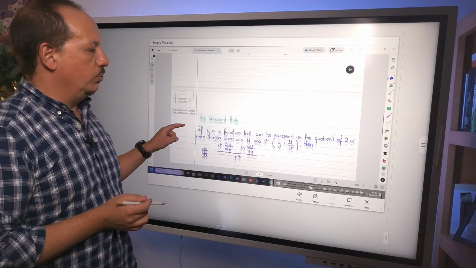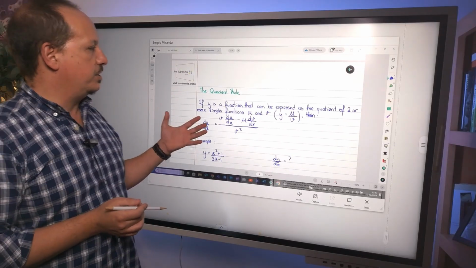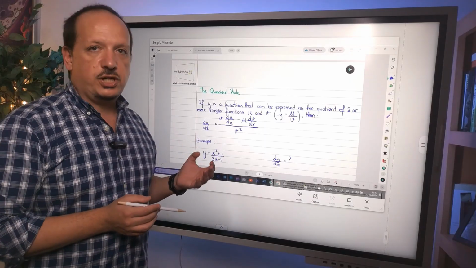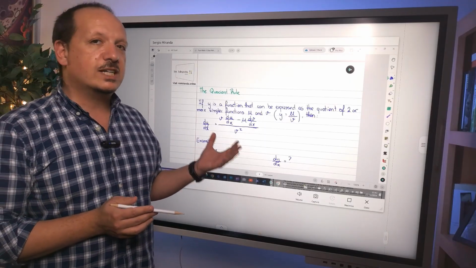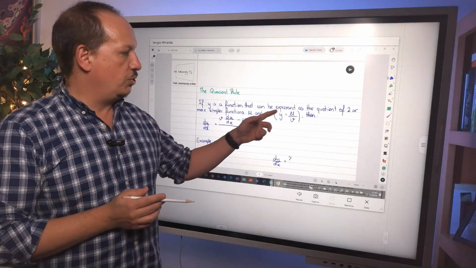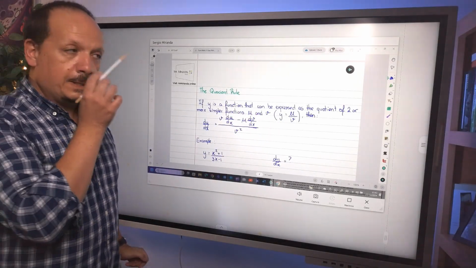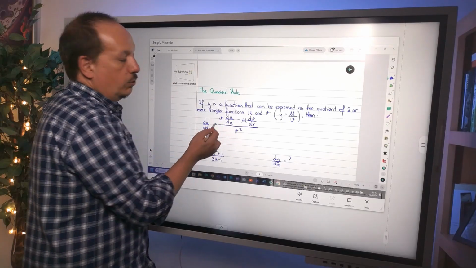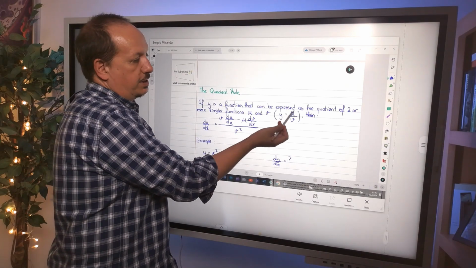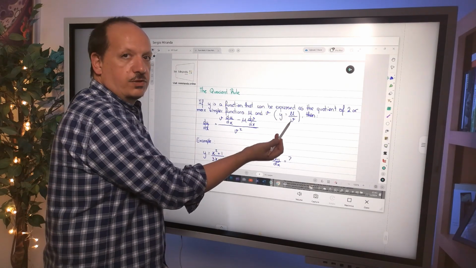What about the quotient rule? The quotient rule, as the name suggests, is a rule that allows you to differentiate a more complex function that can be expressed not as a product, but as a quotient, a ratio of two smaller functions. In this case, you have to apply this rule over here. So now the two smaller functions are the numerator and the denominator of this fraction.